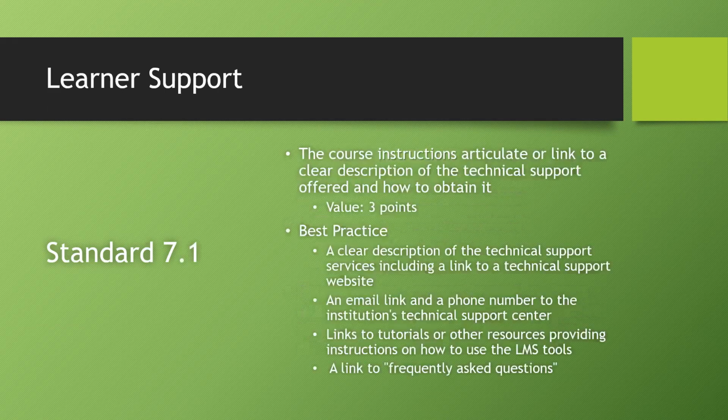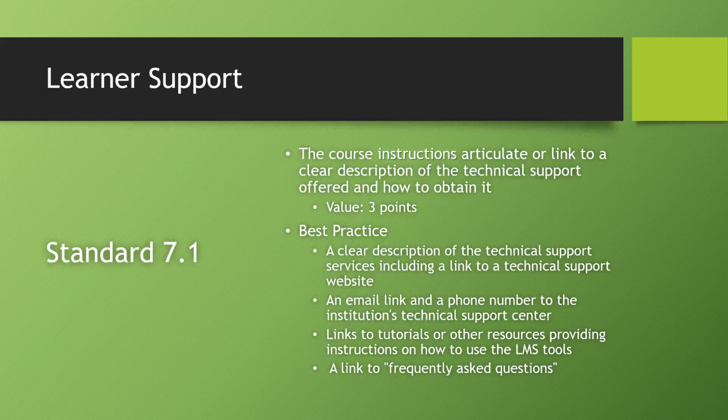So Standard 7.1, the course instructions articulate or link to a clear description of the technical support offered and how to obtain it. This is a 3-point value. This is very important. So what you want to do is provide a link or the phone number and email address to technical support.